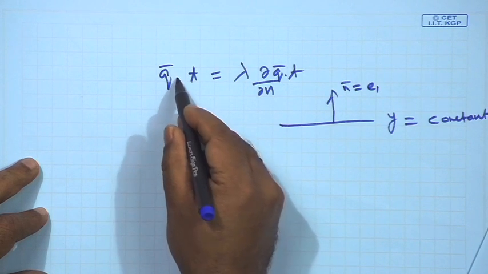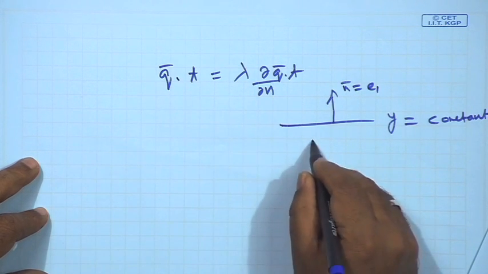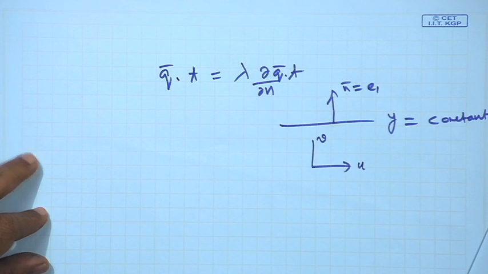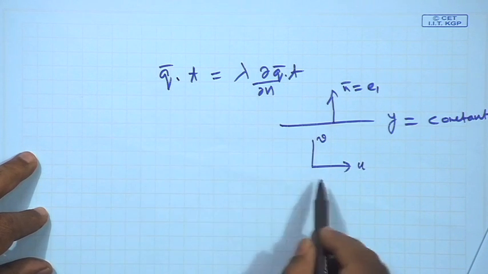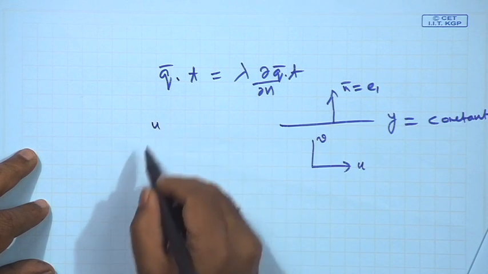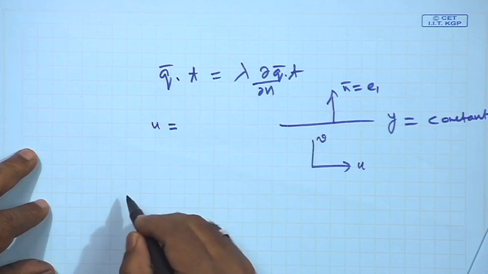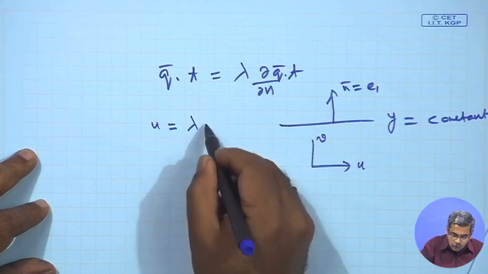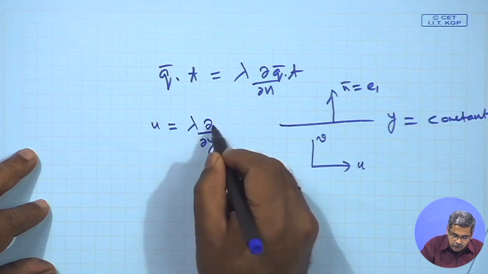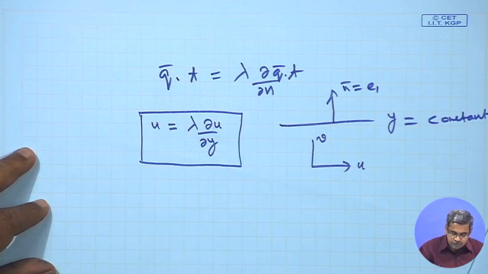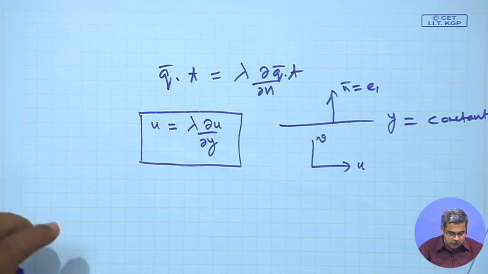If the velocities are u and v, and you decompose, then the tangential velocity will be u, and this equals lambda times the normal derivative, which will be along y. So, therefore, u equals lambda times dou by dou y of u. So, this is the slip condition for 2D. If you have 3D, correspondingly you will have the extension.